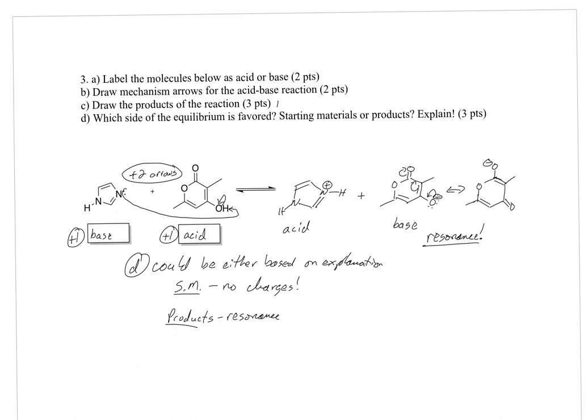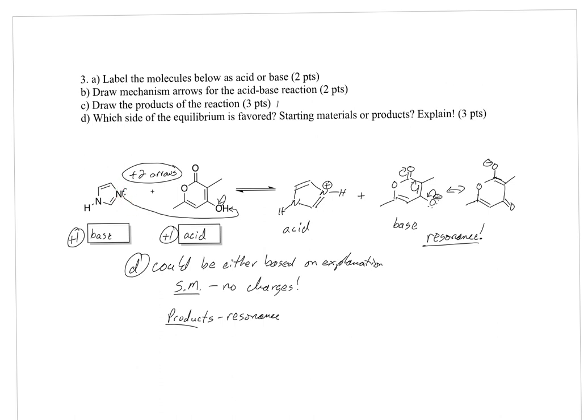But the best answer is that this is the base and this is the acid. Somebody might ask, how do you know that? There's an NH, there's an OH. Well, which one's a more polar bond, NH or OH? Oxygen's more electronegative, so this is a more polar bond. That also makes me think it's more likely to be an acid. But why this nitrogen and not this nitrogen? Well, this nitrogen has a lone pair, but this nitrogen's lone pair is in a p orbital system for aromaticity.